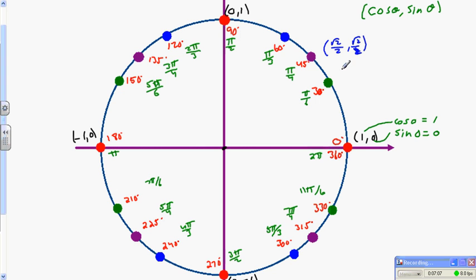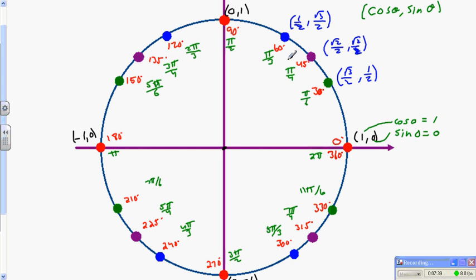And the other ones, 30 degrees, cosine was root 3 over 2. And sine of 30 degrees was 1/2. 60 gave us a cosine of 1/2 and a sine of root 3 over 2. Now notice that the cosine of 60 and the sine of 30 are the same.